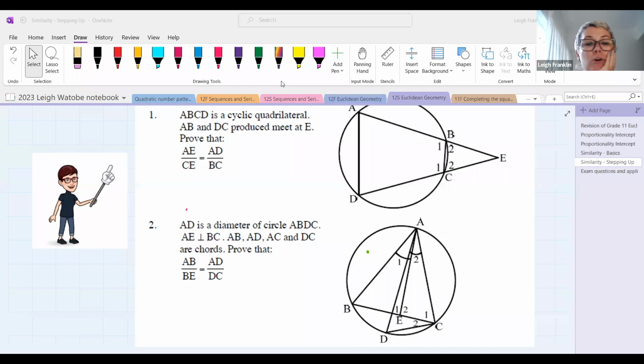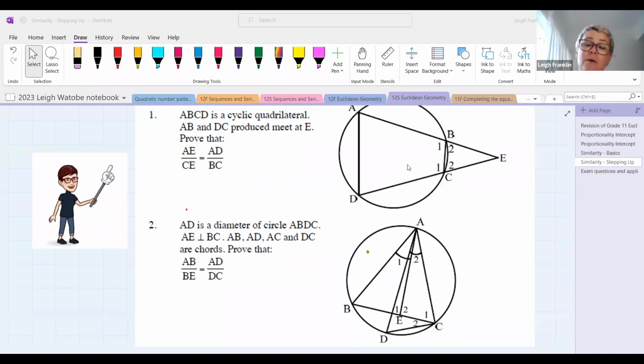Lutando, you're not alone. This is the most difficult thing that we do in matric. So if you are feeling confused and this is difficult, it's meant to be confusing and difficult. Remember, there's lots of other sections where you would be able to get marks. Euclidean geometry is very difficult.